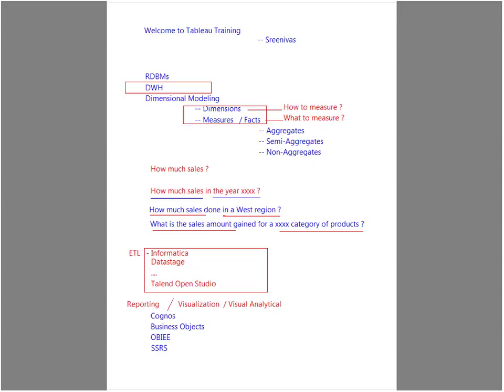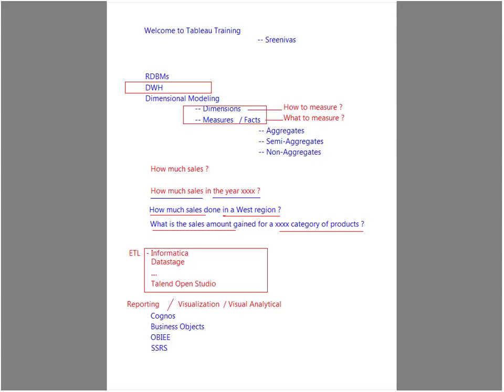Under these visualization tools, these visual analytical tools, there come a lot of tools. One of them is called Tableau, right? Then QlikView, QlikSense, then Sisense, then MicroStrategy, then Power BI.